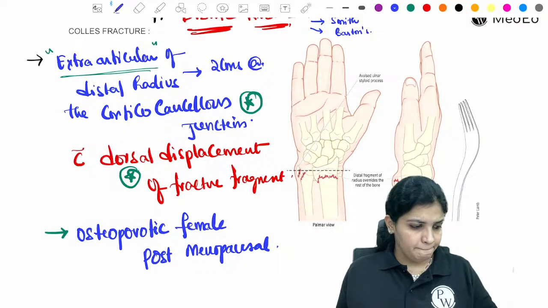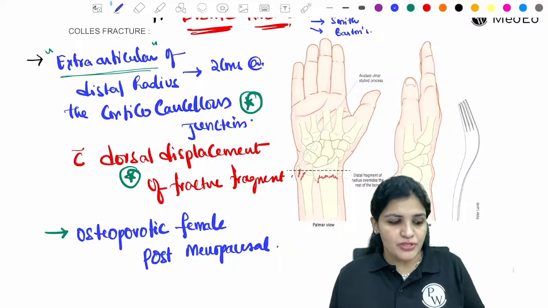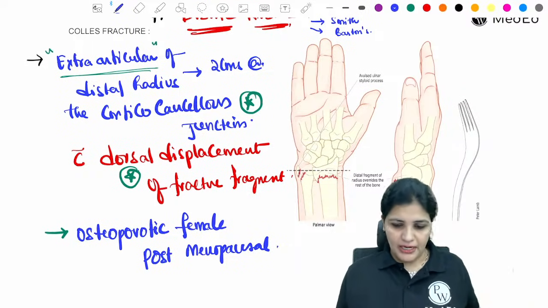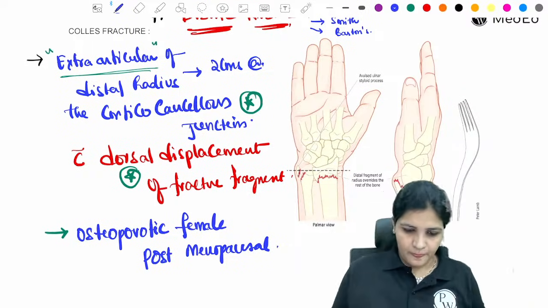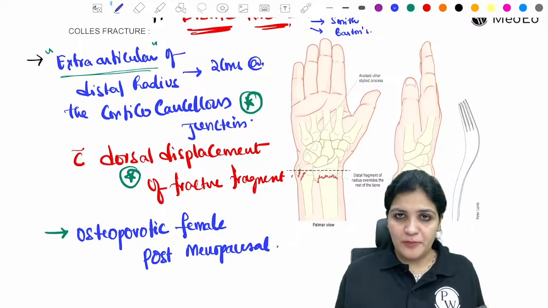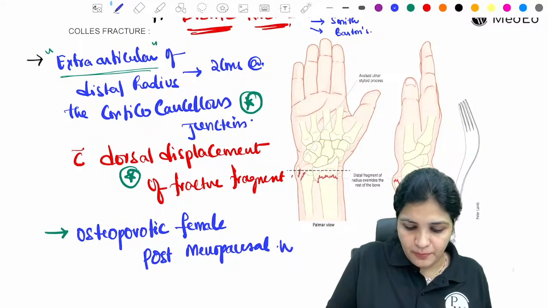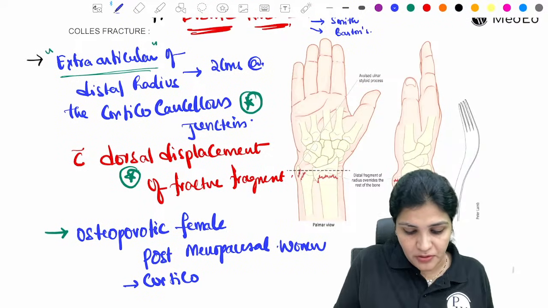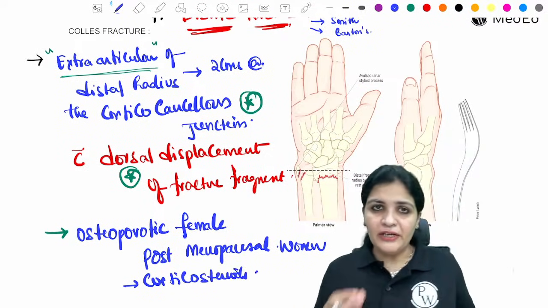It is not outside the joint, it is away from the joint. Extra articular means away from the joint. So usually we see this in osteoporotic and postmenopausal women, and sometimes in patients who are on corticosteroids, because osteoporosis is playing a role here. So these are the causes of the Colles fracture.